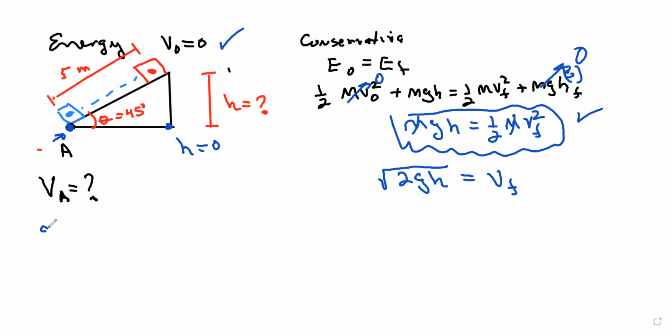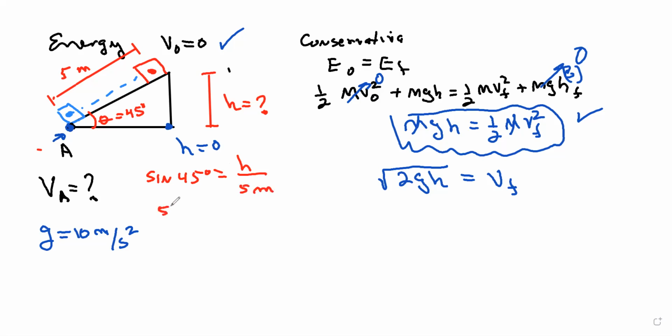So let's say that g is going to be 10 meters per second squared, just to make it easy. But we do not have the height, but we can get the height because we know that the sine of 45 degrees is going to be the opposite, which is the height, divided by the hypotenuse, and the hypotenuse is 5 meters.